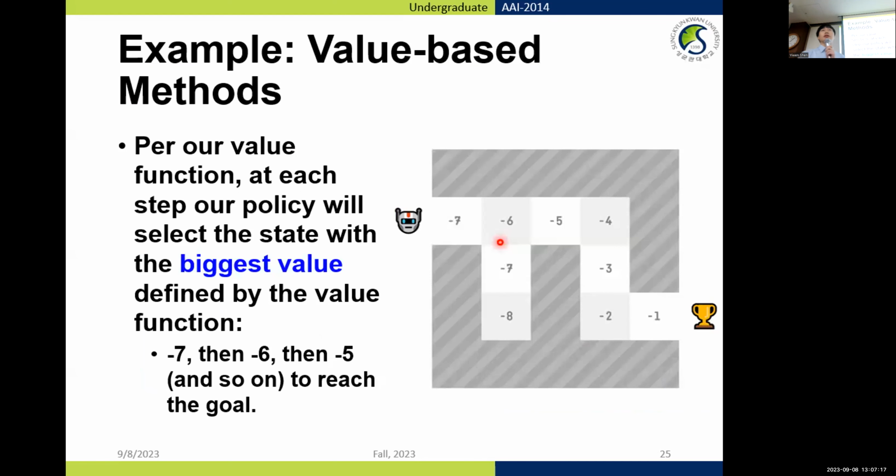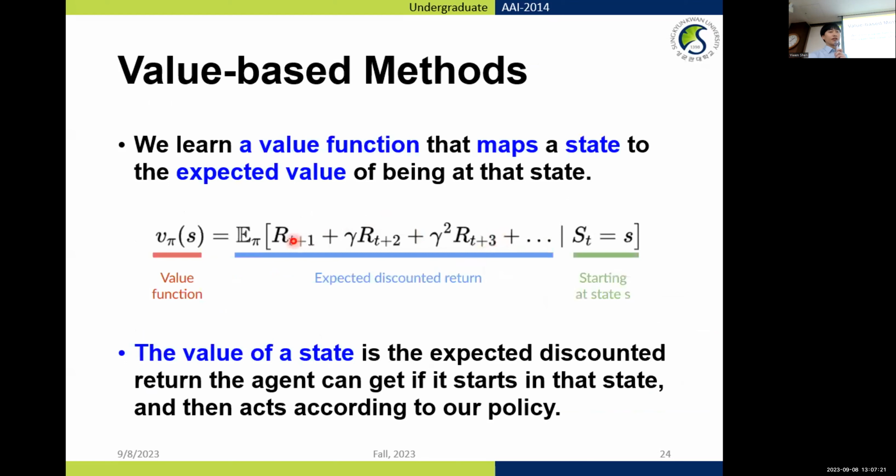Okay, let's resume our lecture. Some students have a question about this value-based method. When we define this value function, it calculates the expected value of being at the state. But this expected value depends on all other future step values, right?